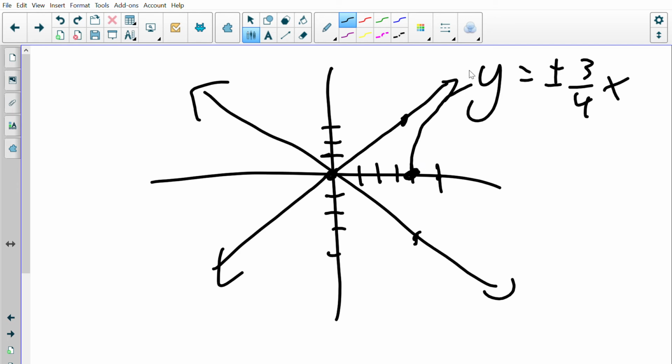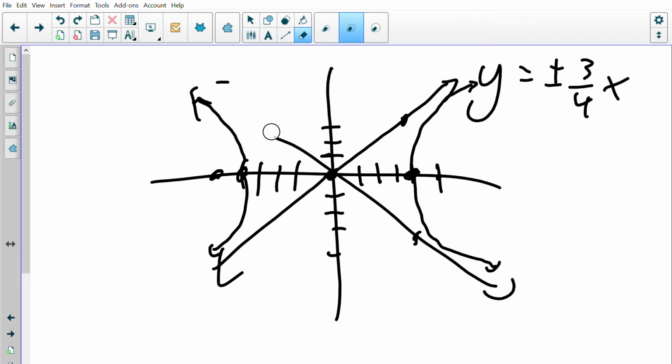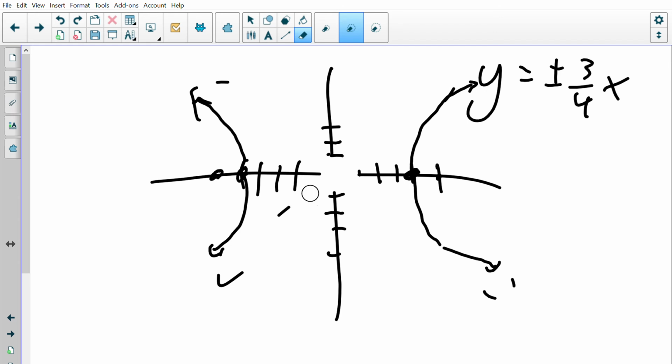It's going to bend around these boundaries. So I should be able to then delete my boundaries, and that is a perfect drawing of what that guy should look like.